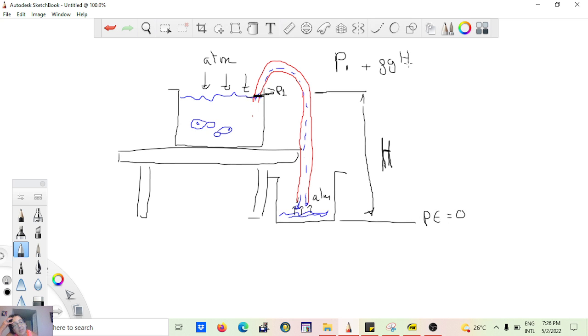So rho GH plus kinetic energy is 0. It's going to be at that end here. You're going to have the same pressure because it's open to the air, plus potential energy is 0, and here you have kinetic energy.